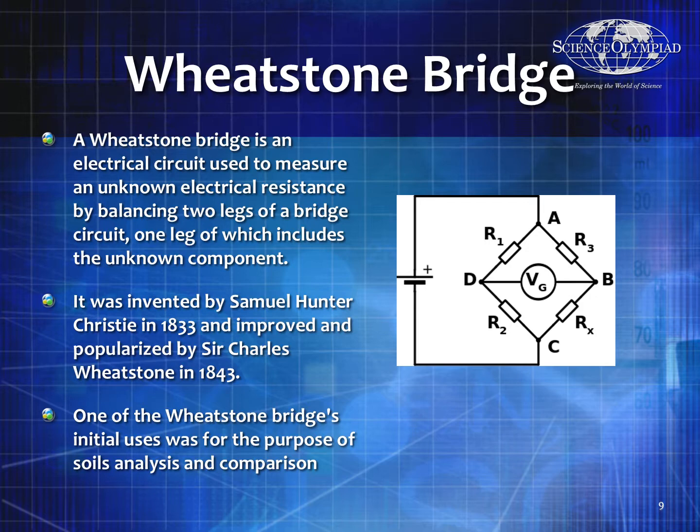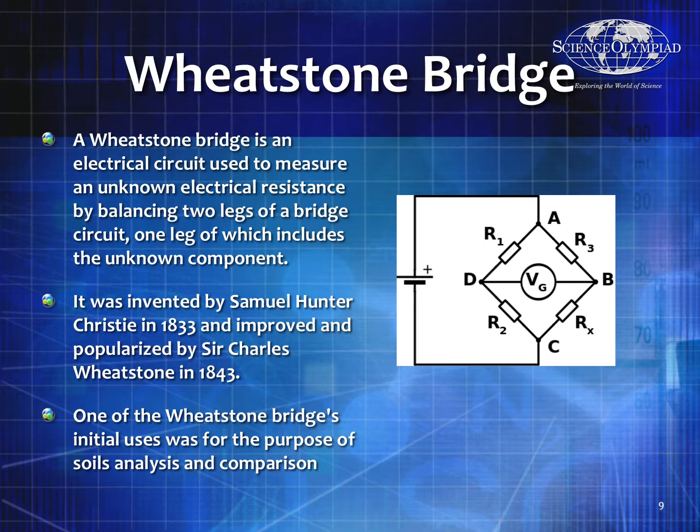Now, a Wheatstone bridge was an electrical circuit that was used to measure unknown electrical resistances by balancing two legs of a bridge circuit, one leg which includes the unknown component. Okay, so it was invented in 1833 by Samuel Christie, but the person who's named after is Sir Charles Wheatstone, who improved upon it in 1843.